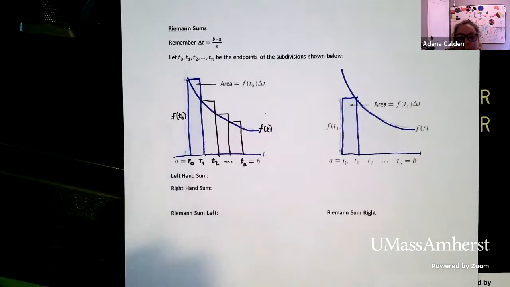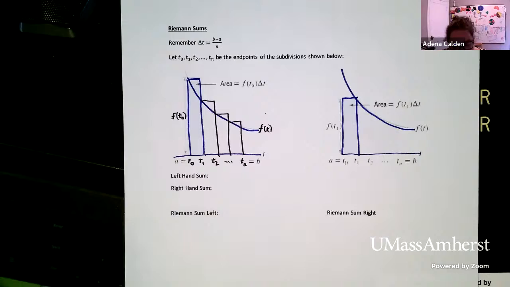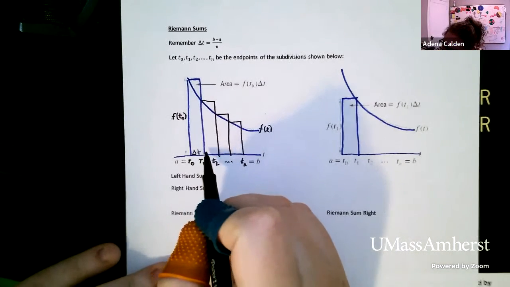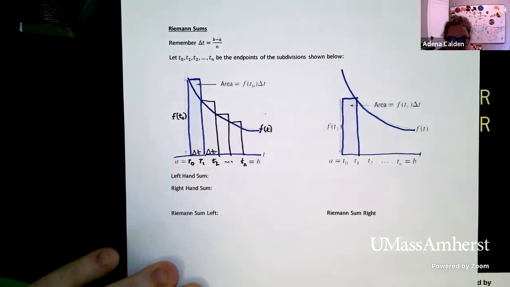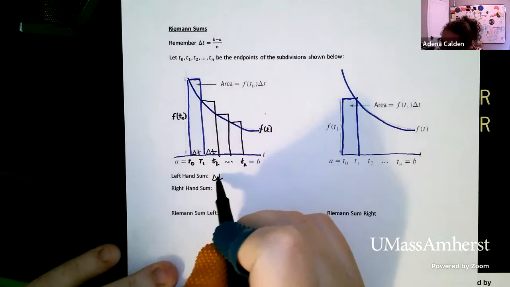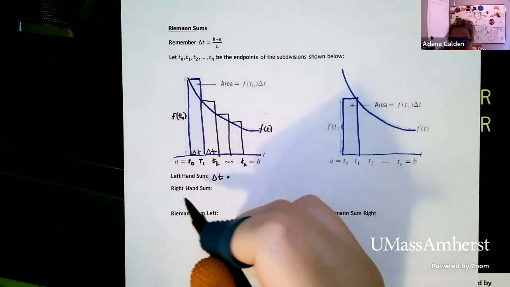So if we are doing a left-hand approximation, right, with any number of rectangles we want, what would that look like? Well, each one is going to have a width of delta t. So this first rectangle here is going to be the width, delta t, times the height.